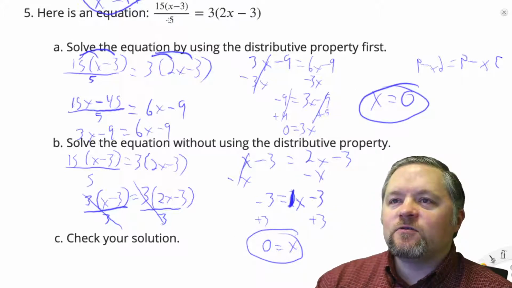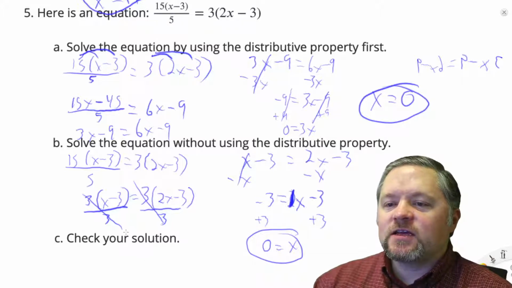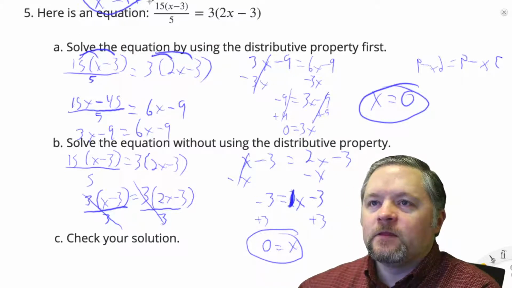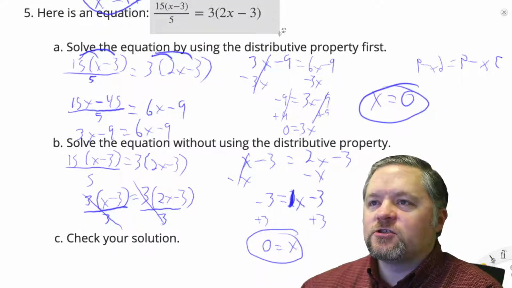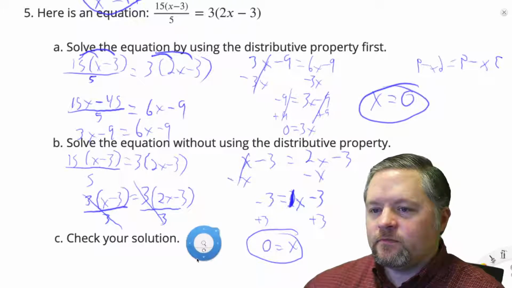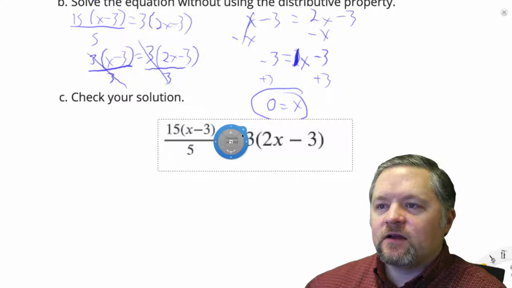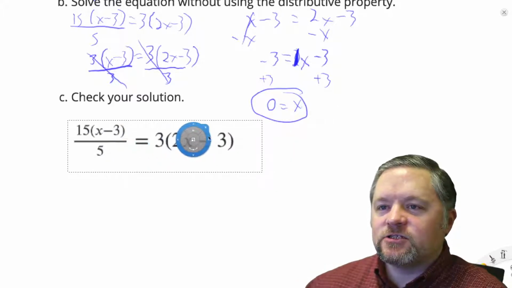Now, the next question here says, check your solution. So, to check our solution, I'm going to just bring it down here. I copied and pasted that, so I can just stick it there.